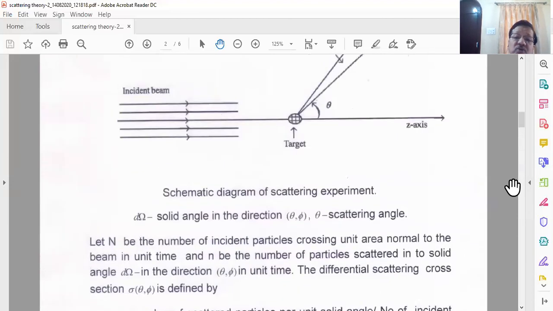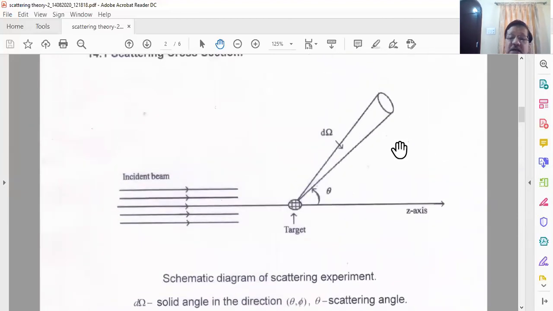Here this diagram is given to you. This is the solid angle d omega. Your detector is kept at a very large distance from the target. When you direct an incident beam towards the target, it is scattered, and the scattered particles will move in a radially outward direction.